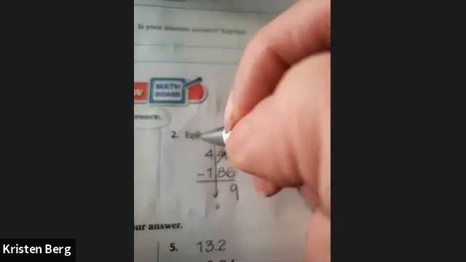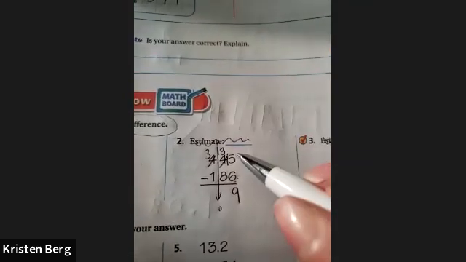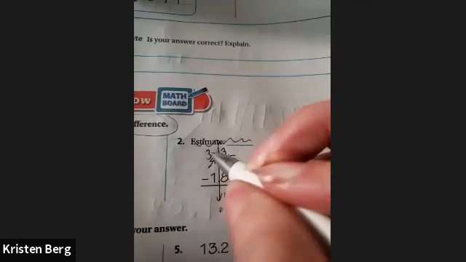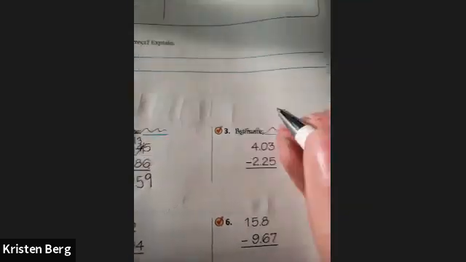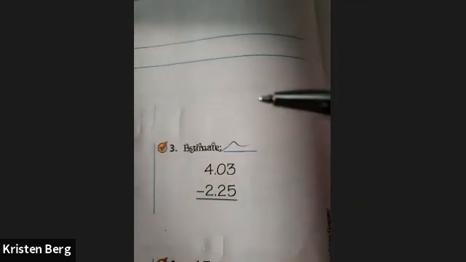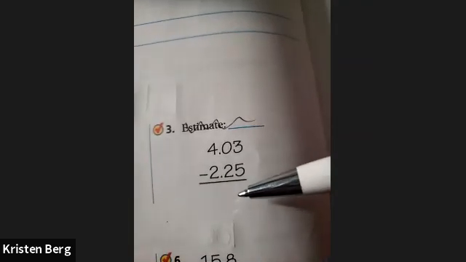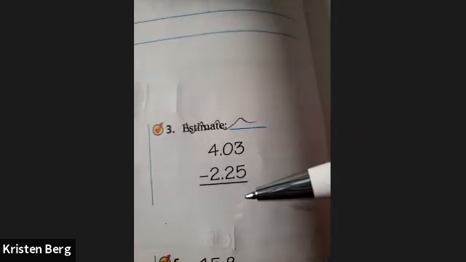No, you cannot. So you have to come over and borrow again. So then 13 minus 8 is 5. And then 3 minus 1 is 2. So it'll be 2 and 59 hundredths. All right, I am going to stop right here. I want you to go ahead and try this on your own. So I will stop for you to do it on your own.